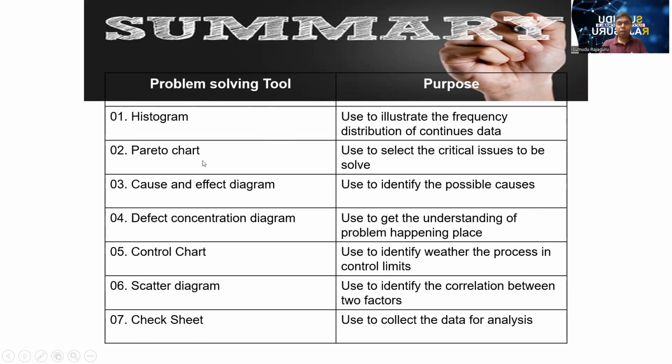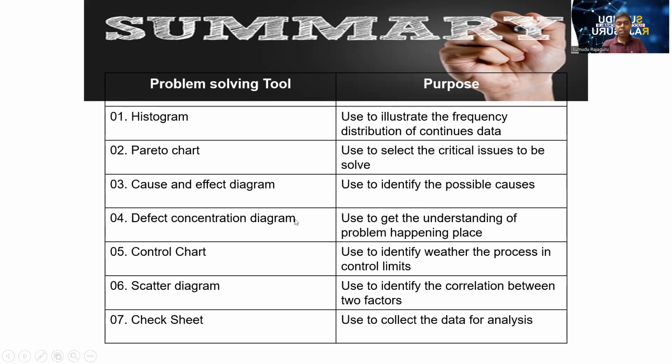The second one is the Pareto chart, used to select the critical issues to be solved. We have to find out the critical 20%. Cause and effect diagram, used to identify the possible causes. Then we can categorize the causes, and we have to find out the most likely cause also from the fishbone diagram.